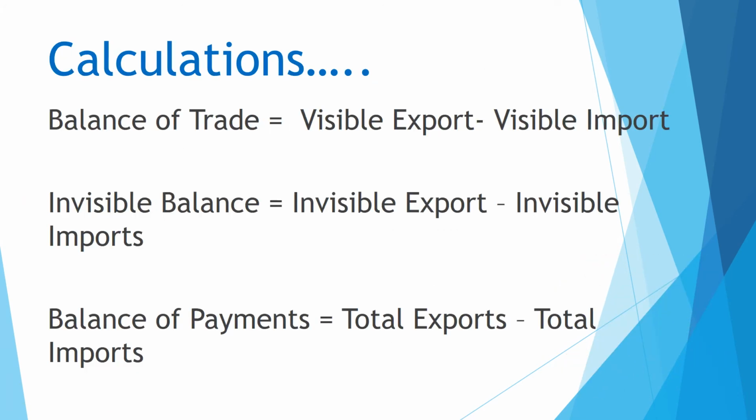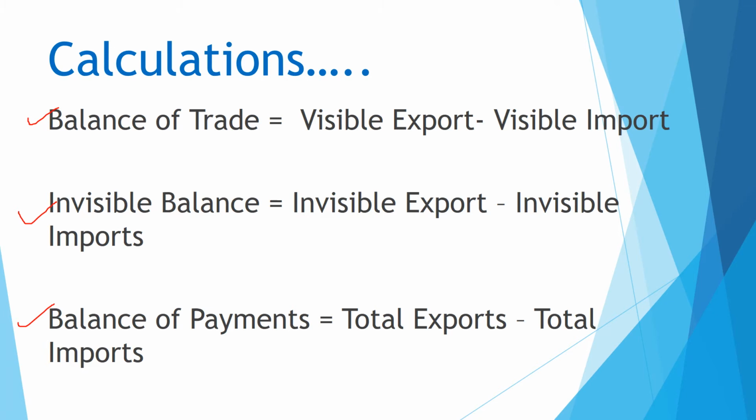Now we're going to go into the calculations of international trade. There are three main calculations you need to know for examination purposes: the balance of trade, invisible balance, and the balance of payment. Let's look at the balance of trade first.